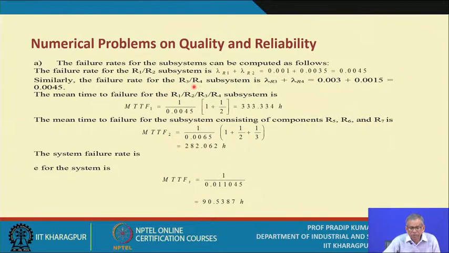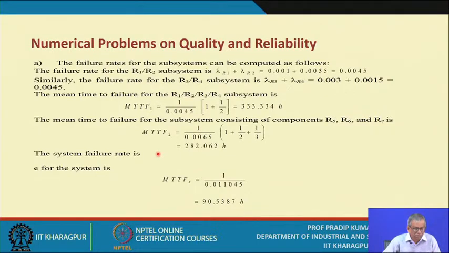Similarly, the failure rate for the R3, R4 subsystem is lambda R3 plus lambda R4, so you add them. The mean time to failure for the R1, R2, R3, R4 subsystem is this value. The mean time to failure for the subsystem consisting of components R5, R6 and R7 is this one. You just refer to the structure.